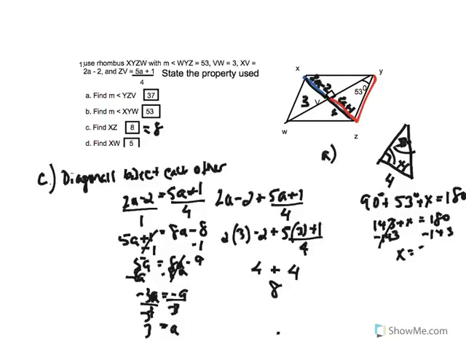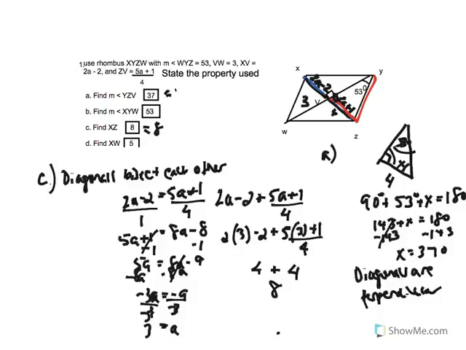I get x equals 37 degrees. So the property I used here is that diagonals are perpendicular because that allowed me to use the right triangles to solve the rest of the angles in the triangle.